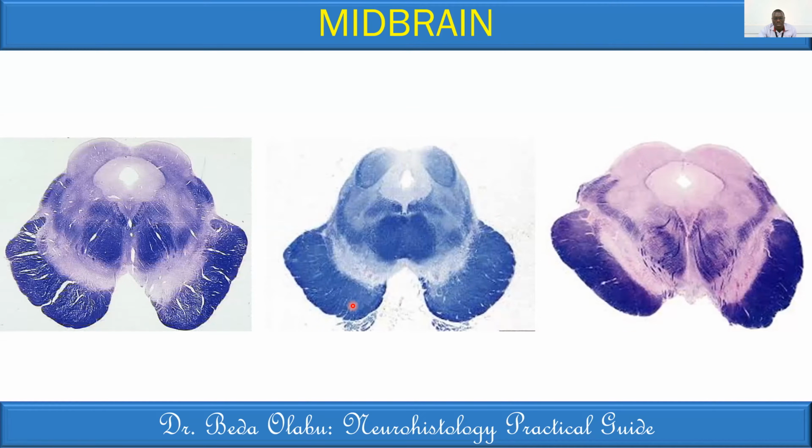That's what corticonuclear targets. Corticospinal targets the spinal cord gray matter. Out of the pyramidal, the corticonuclear is on the medial aspect and corticospinal is on the lateral aspect.